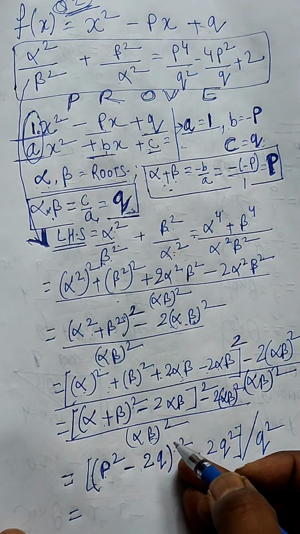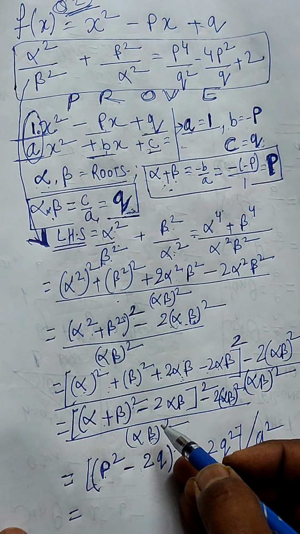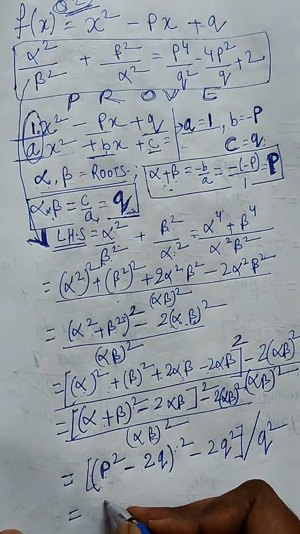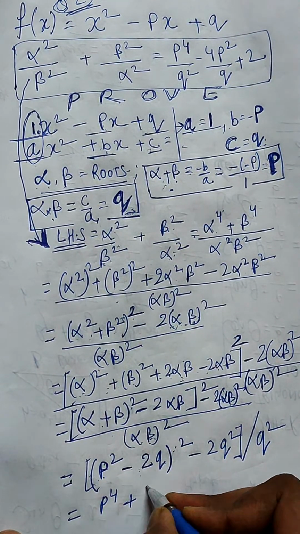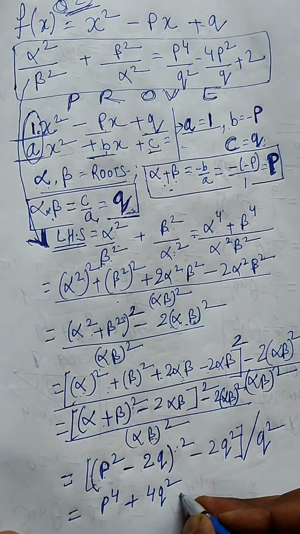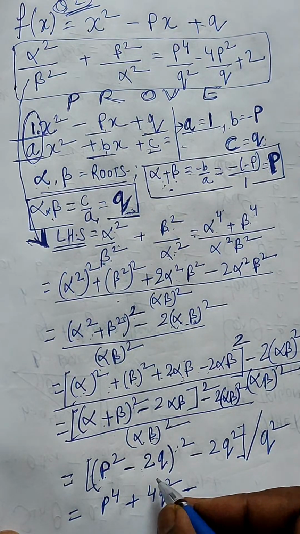So it will be coming as p4 plus 4q square, minus 2ab.